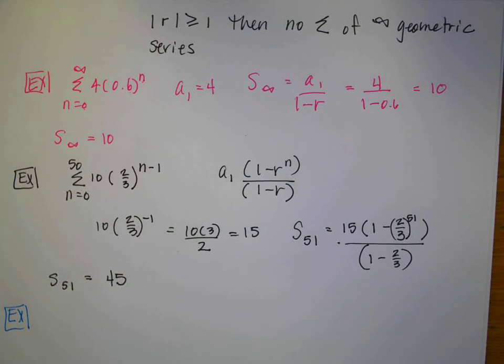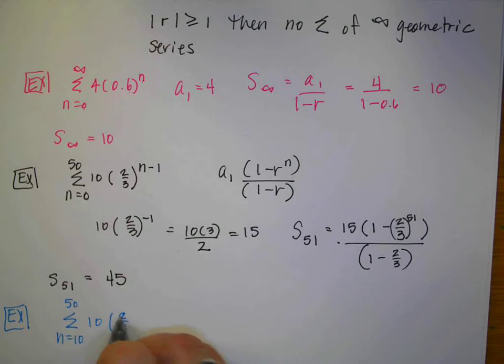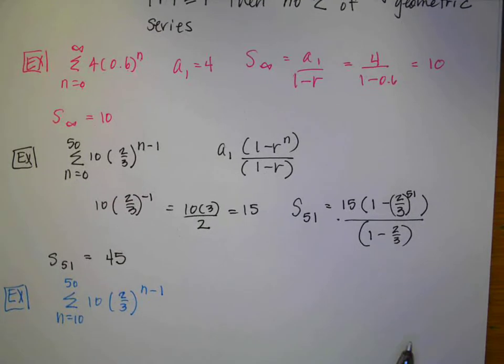We actually have one more example, and we are done. I know this is a long video, but we needed to kind of set the stage. All right, so let's do the problem a little bit differently. Same basic problem, but I'm going to sum from n equals 10 to 50 of 10 times 2/3 raised to the n minus 1.